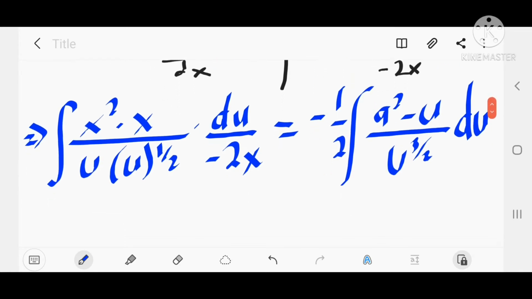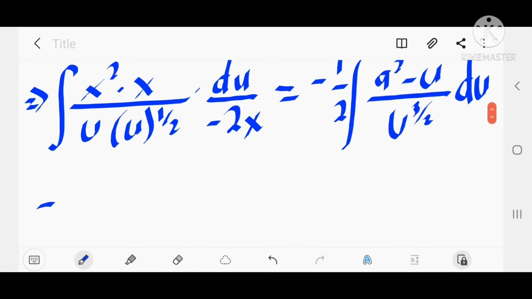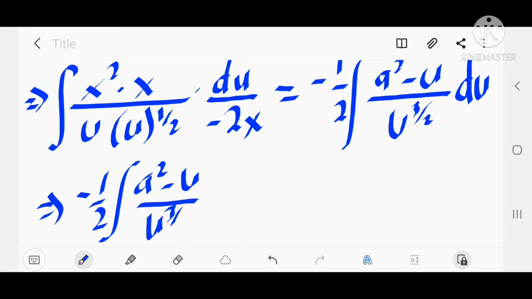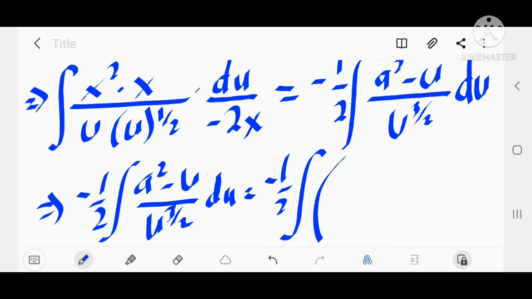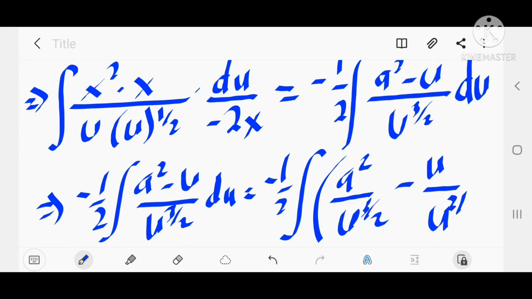So negative half integral of a squared minus u on u exponent 3 on 2 du equals negative half times the integral of a exponent 2 on u exponent 3 on 2 minus u on u exponent 3 on 2, all du.